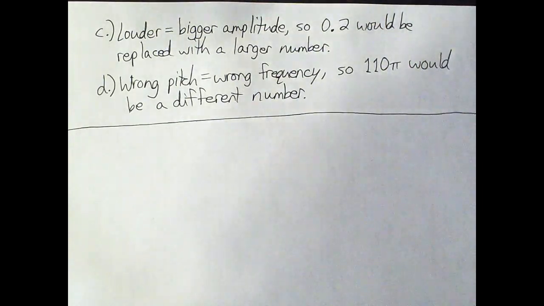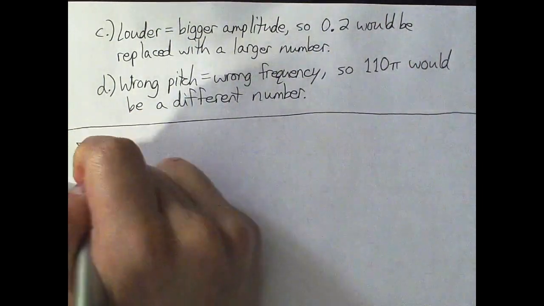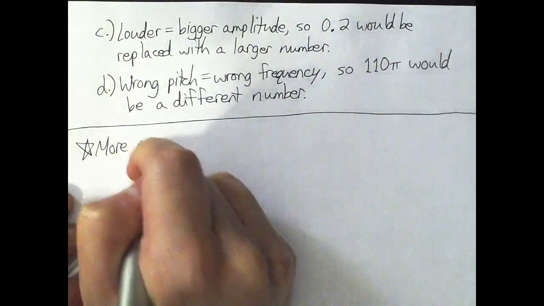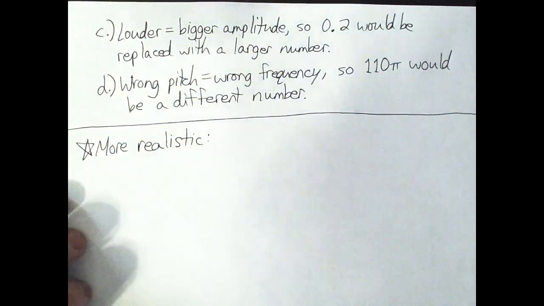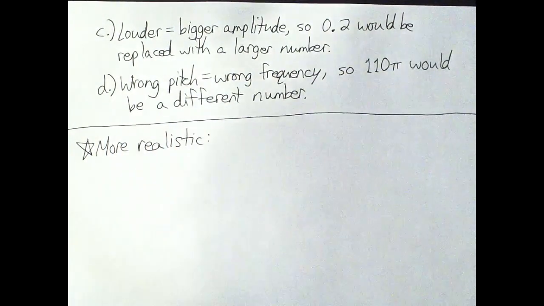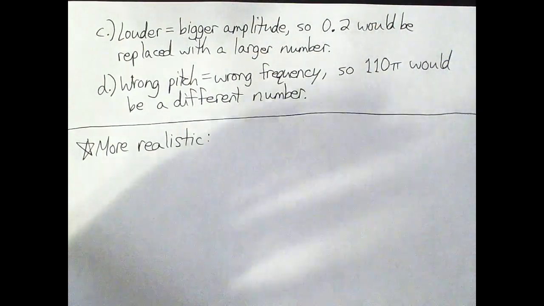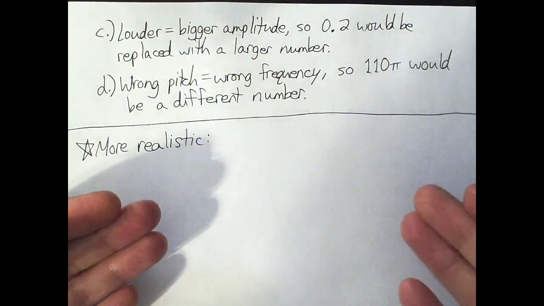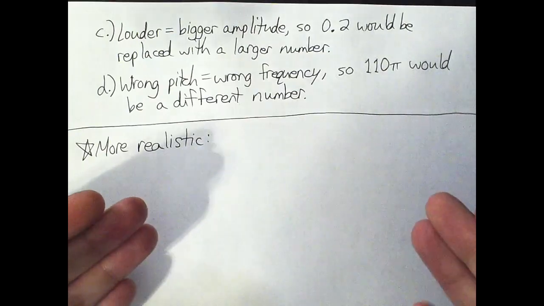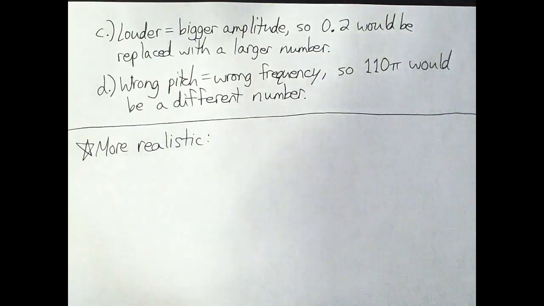If you want to be more realistic, then the formula has to be a little bit more complicated. So it's a trade-off. Do you want formulas that are easy to work with, or do you want formulas that are accurate? And in mathematical modeling, we usually meet somewhere in the middle. We want things that are relatively easy to work with and relatively accurate.